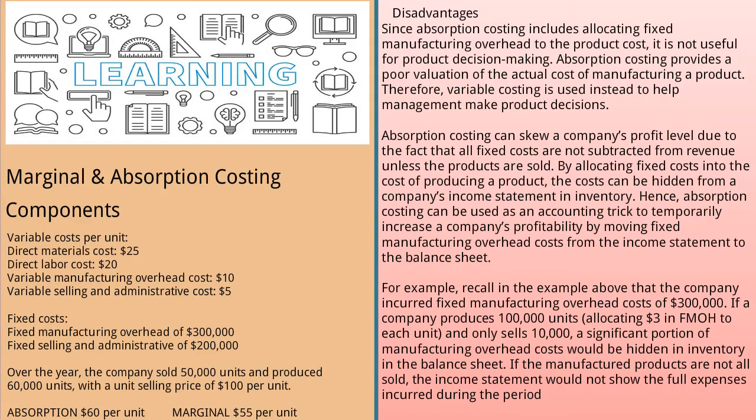And if you have a small amount of units being sold within the company, then all the fixed costs are going to be absorbed within the cost of the unit of the product. So it's not really going to reflect the true value, since if the manufactured products are not sold, the income statement would not show the full expenses incurred during that period.